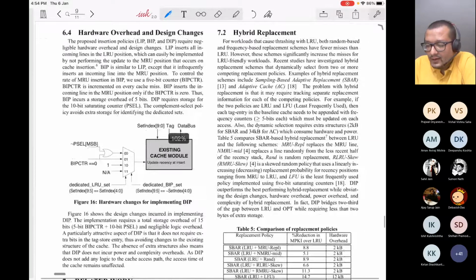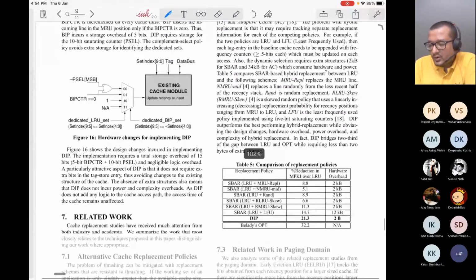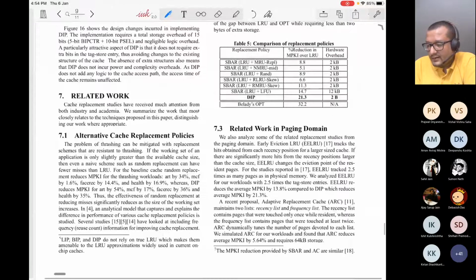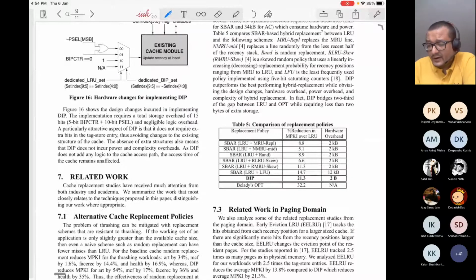And since the authors claim that they need 2 bytes, there is some explanation here and there, how to decide which set to use and so on. So that's how it is. You'll review with this mindset.